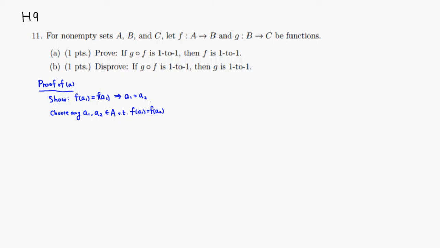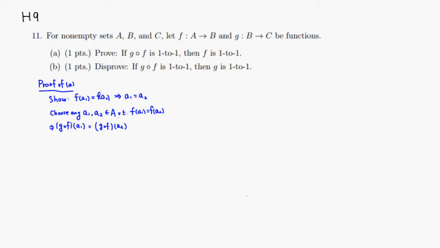If f of a1 and f of a2 are exactly the same thing, and you apply g to it, then g of f of a1 is equal to g of f of a2, because you're basically plugging in exactly the same thing.